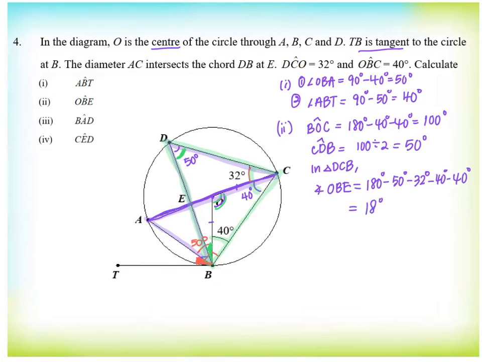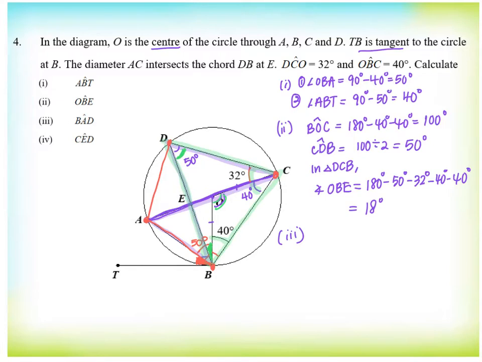Next one, part 3. I'm going to find what is angle BAD. Now, where is angle BAD? Oh, angle BAD is over here, where I need to draw a straight line joining B to A, D. Now, what do we notice? We have D, A, B, and C to be 4 points on the circumference.